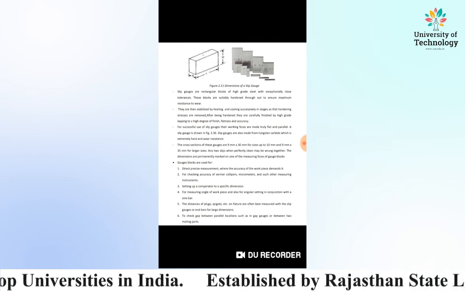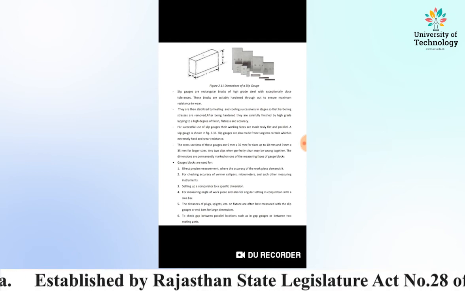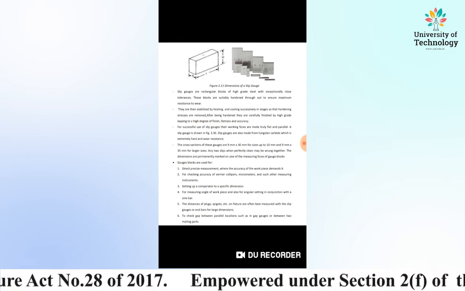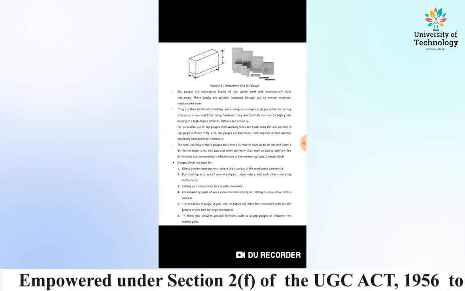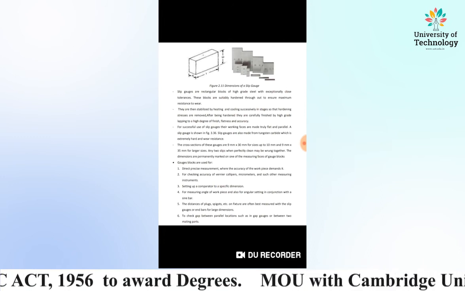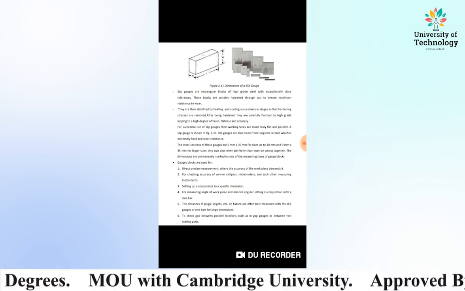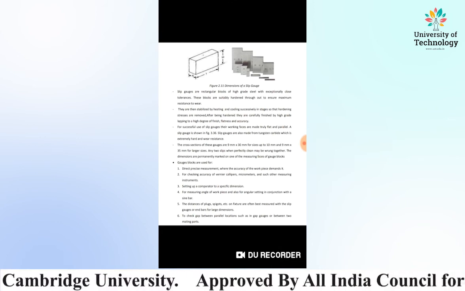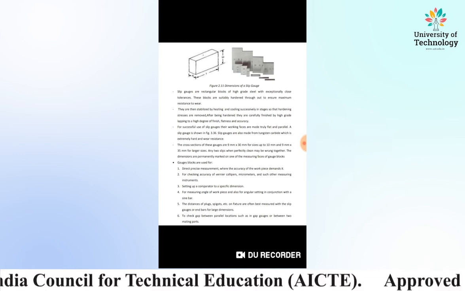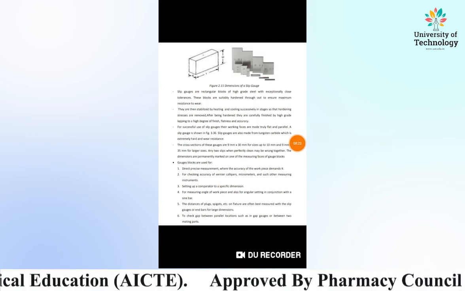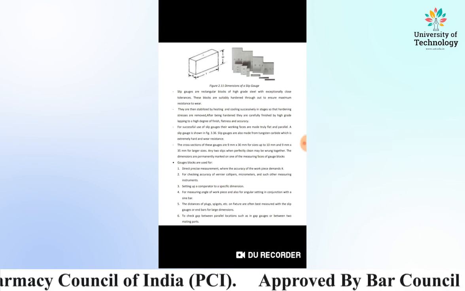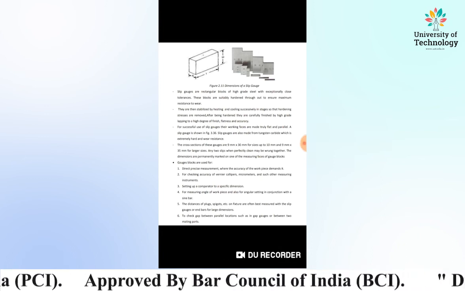And these slip gauges are stabilized by heating and cooling successively in stages so that hardening stresses are removed. After being hardened, they are carefully finished by high grade lapping to a high degree of finish, flatness, and accuracy.